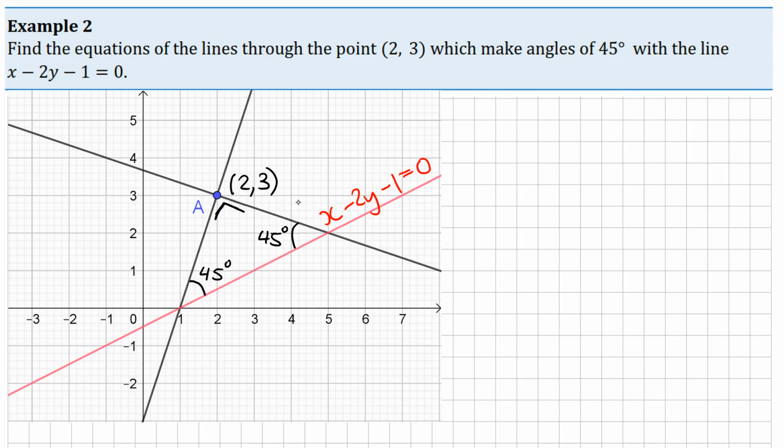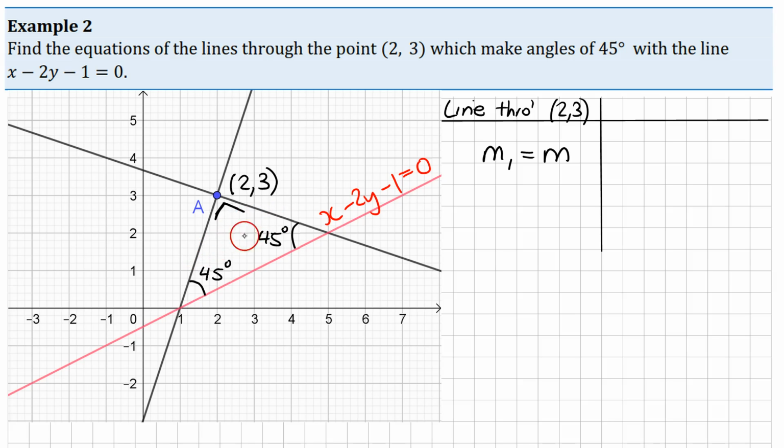Okay, so we'll start off as usual and we'll go with our two lines, but this time we just know our answer. So the first line is the line through 2, 3, and I'm just going to call that the slope M1. Okay, and we'll just say that that's M, because we don't know what that is, but we know that we've two answers that we will get eventually.